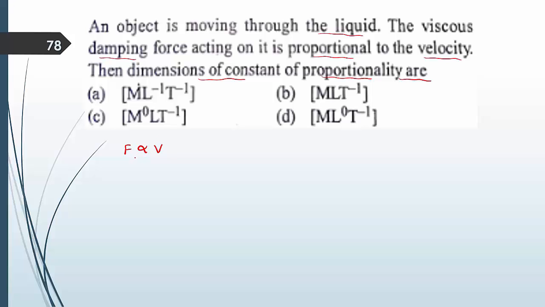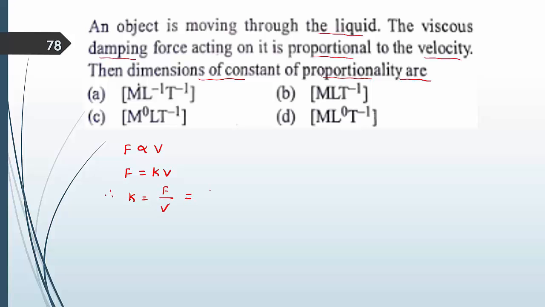According to the problem, it is given viscous damping force acting on it is proportional to velocity. F is proportional to v, or we can write F equal to proportionality constant K into v, because we want to find dimensions of constant of proportionality. So therefore we can write K equal to F divided by v.